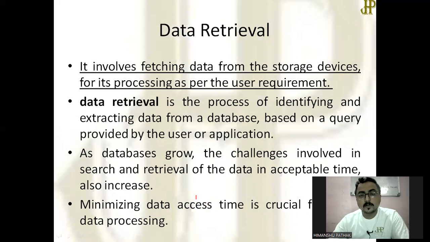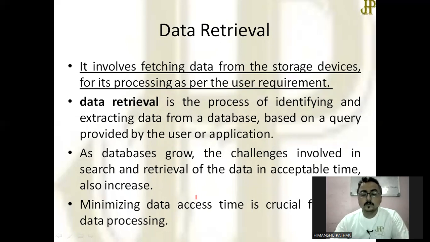Now, at last, what is data retrieval? It involves fetching data from the storage devices. What is fetching data? As per the requirement of the user, processing is to be done by the CPU, and that particular information or data is to be fetched out. As I gave the example, I want a list of students who were absent yesterday. So there is a lot of data in your data storage.